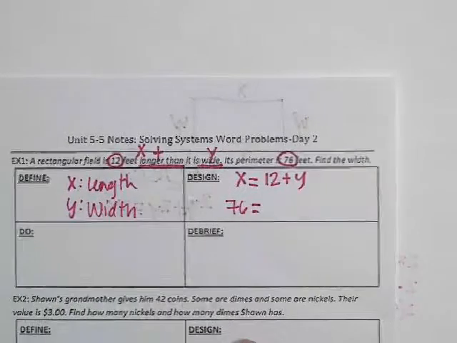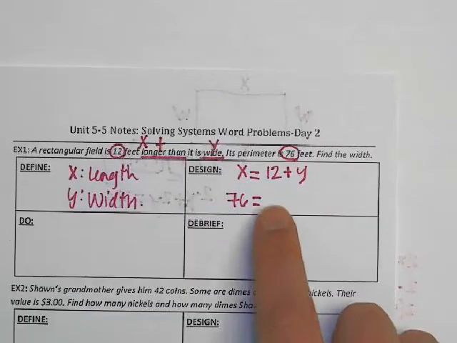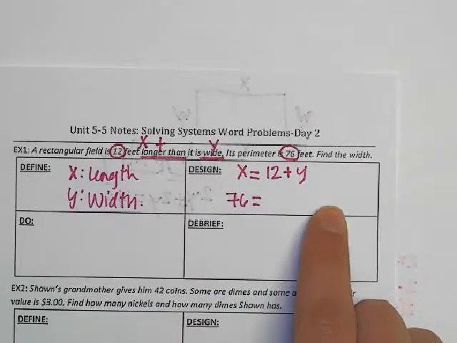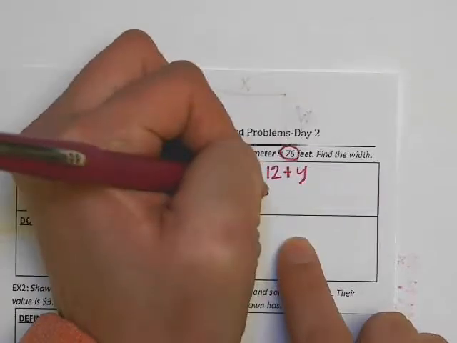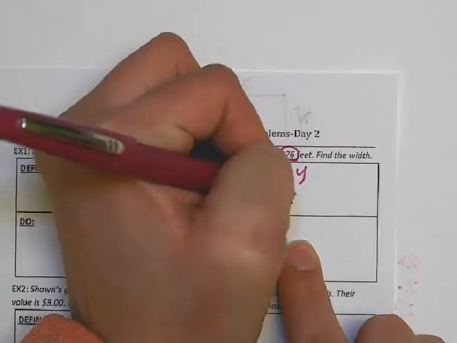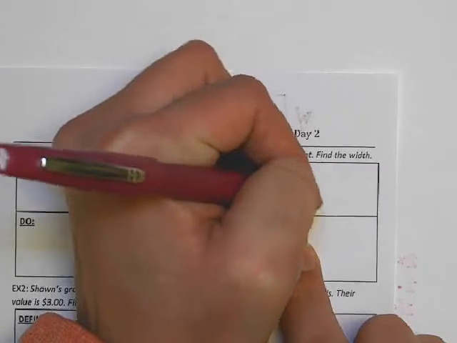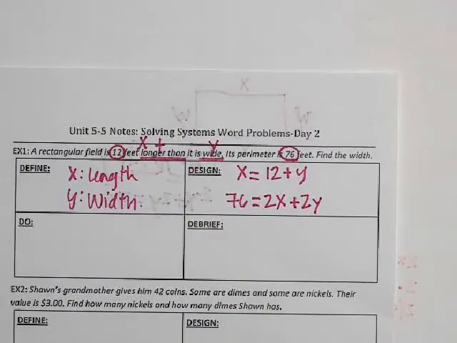So for my equation, that's important. My equation is not x plus y. Because it's perimeter, it is now 2 lengths and 2 widths equals the total perimeter. Got it? Any questions about that?